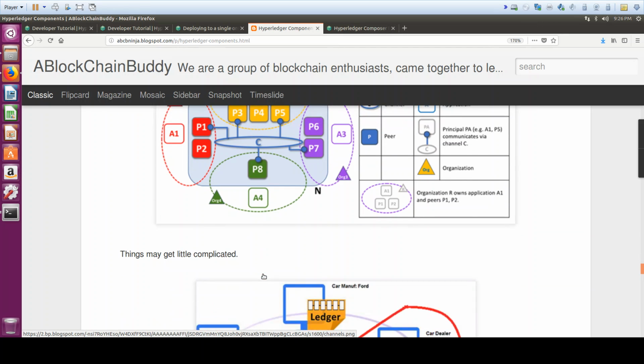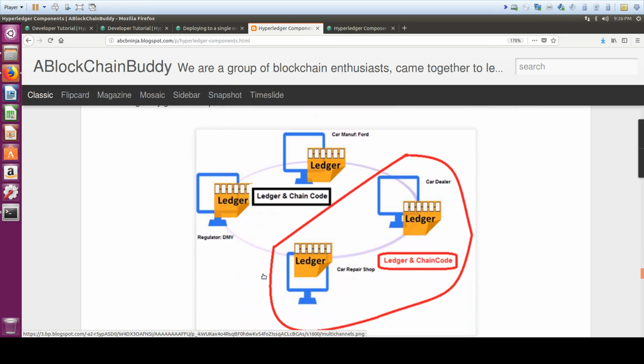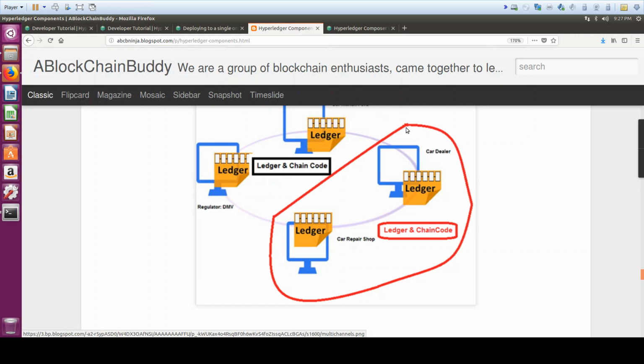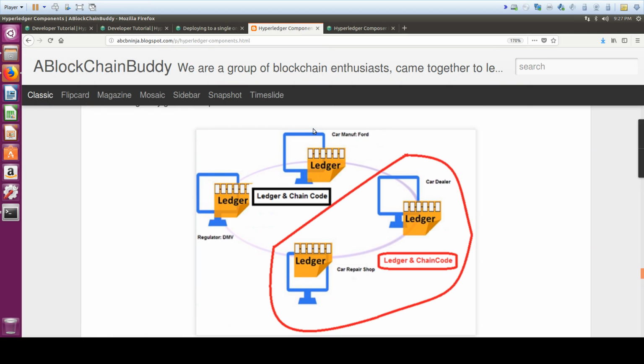But things will get a little complicated. Coming back to our old blockchain network, we have a DMV, manufacturer, dealer, repair shop. They all are in one network. Let's look closer. There may be some information that needs to be shared only with the dealer and the repair shop, that need not be reported to the DMV or the manufacturer.